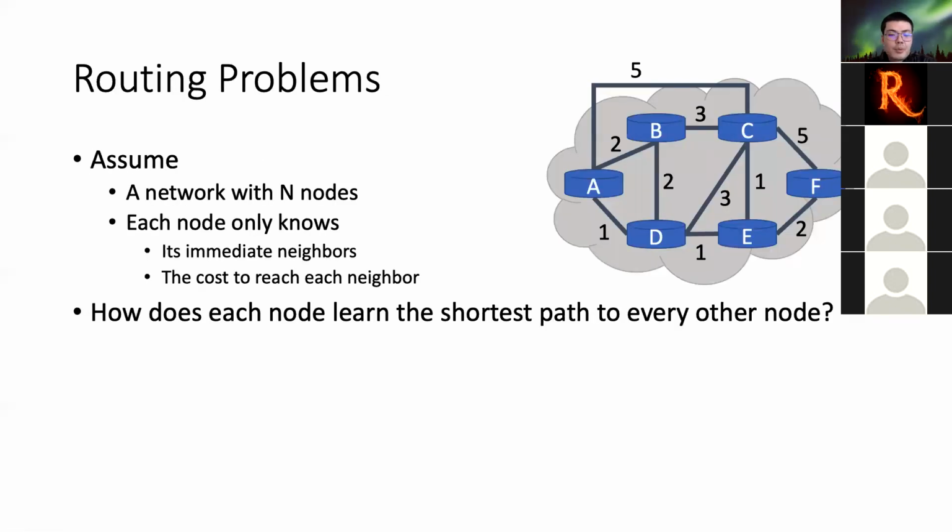To help you memorize why it is called distance vector, each router maintains a vector. Say A to B is 2, A to C, the shortest path currently maybe 1 plus 3, maybe 4, etc. We have a vector to every router. Similarly, C also has one to A, to B, to F.